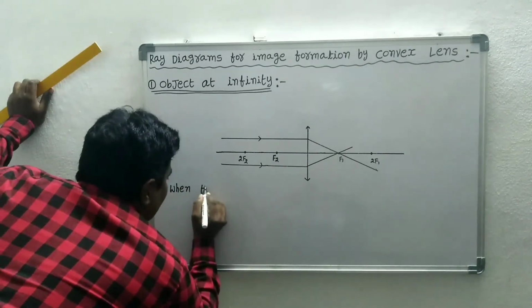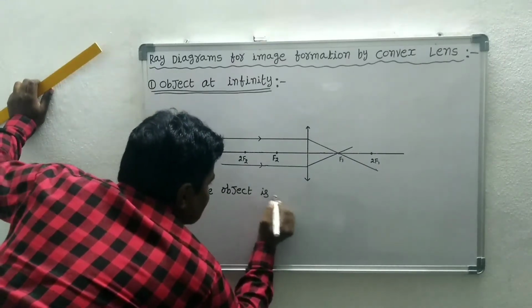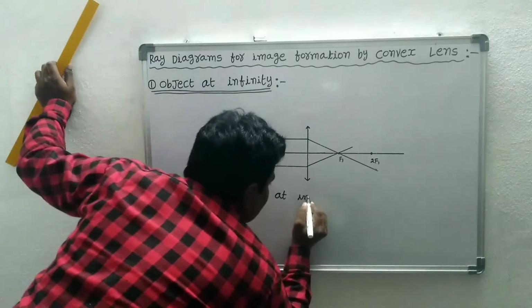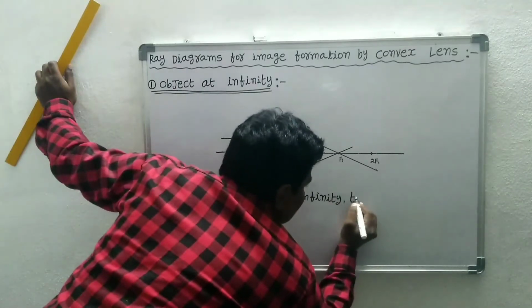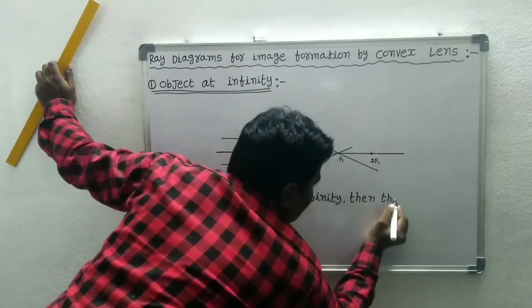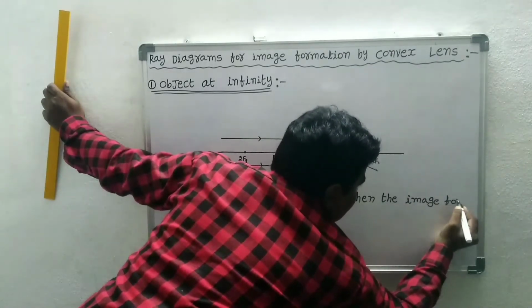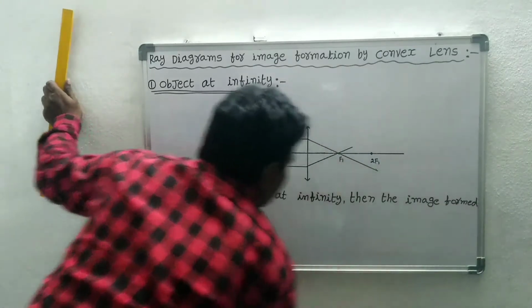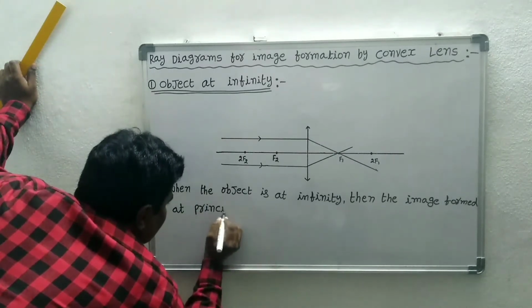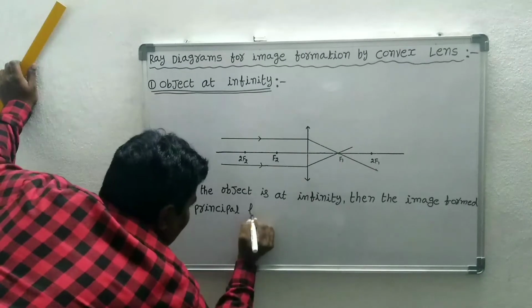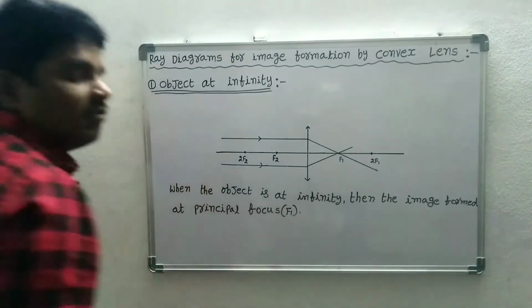When the object is at infinity, then the image is formed at the principal focus, that means F1.